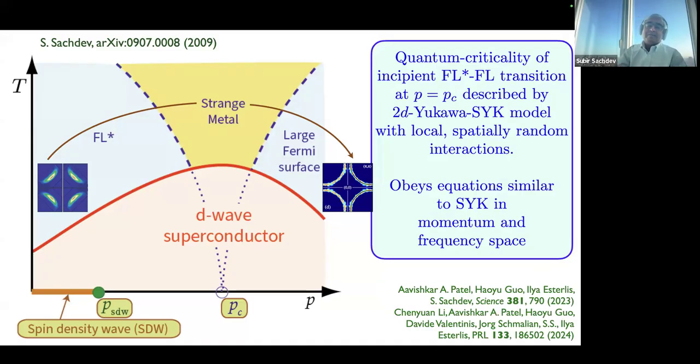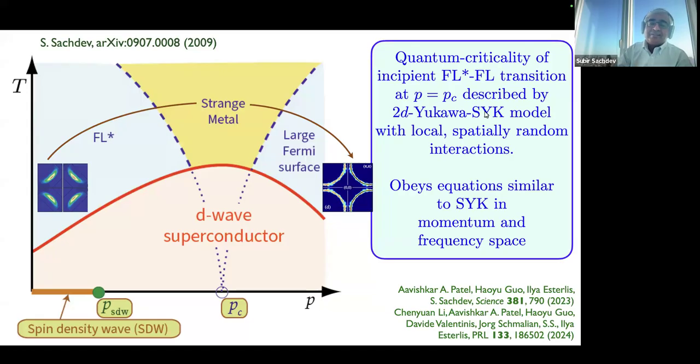And so what we need is a theory of the FL star to FL transition with local and spatially random interactions. And the model that works is now called a two-dimensional Yukawa SYK model. I'll show you what it is in a minute.